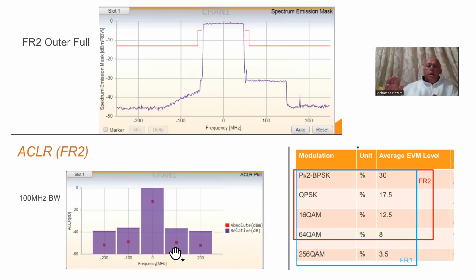Let's say that we're running 200 megahertz channels right now. So you go 100 here, 100 here megahertz, from the center of the channel. You go away from that to the next channel and make sure that the spectral leakage from your current transmitter is below a certain level that is specified by the committees of this system. So that's what we're going to try to do in simulations as well.